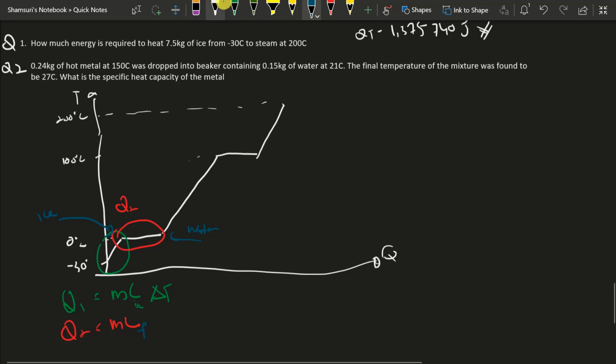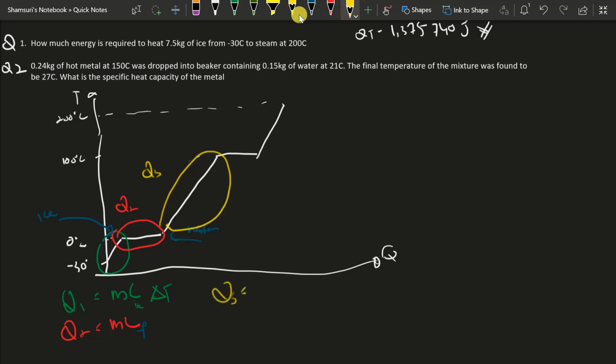And then again we go to the next stage. Maybe I can color it yellow here. So the next stage is Q3, again a change of temperature, from 0 to 100. Q3 is the change of temperature, mc delta T. Now c here is c of water, because this is the state of water.